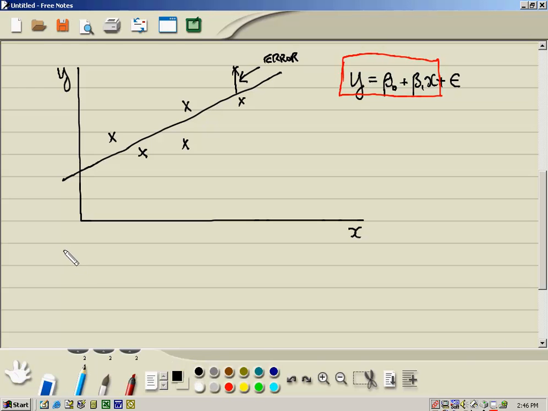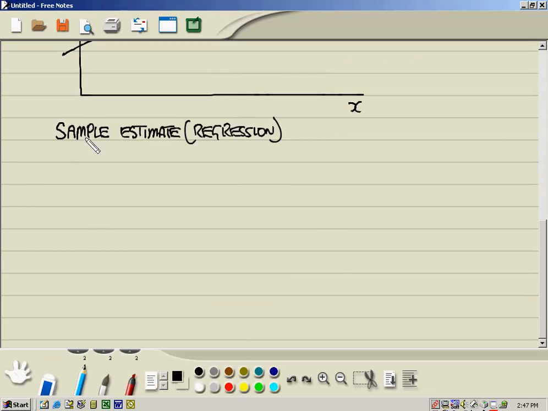Alright, that's for the population, but how do we get the sample estimate? So the sample estimate, and we'll sort of back into this, is called a regression. The format that we'll use for the equation for the regression is y hat, hat means estimate, is equal to beta hat 0 plus beta hat 1 times x.